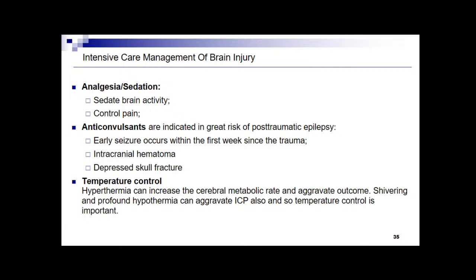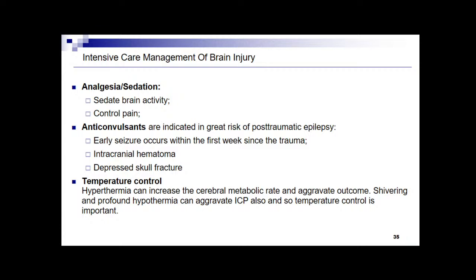Temperature control is very important. In the post-traumatic period, the patient falls into a hyperthermia state due to irritation of the centers of thermoregulation in the brain, and due to systemic inflammatory response to trauma. Hypothermia can increase the cerebral metabolic rate and aggravate unfavorable outcome.